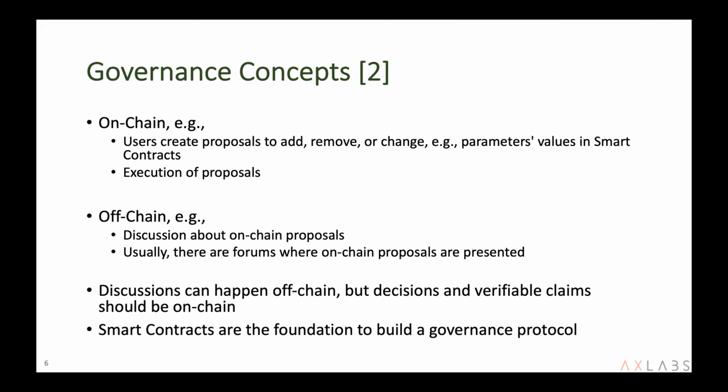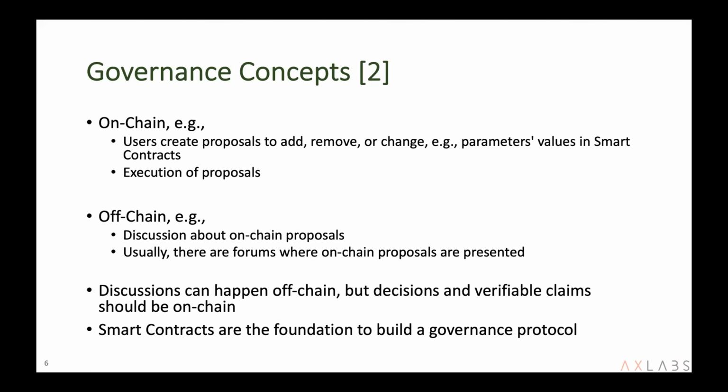So in the area of on-chain governance, some examples are users can create proposals to add, remove or change parameters or values in smart contracts, and they have to follow a certain protocol, some methods in smart contracts, and also after these proposals are created, you need to execute them.